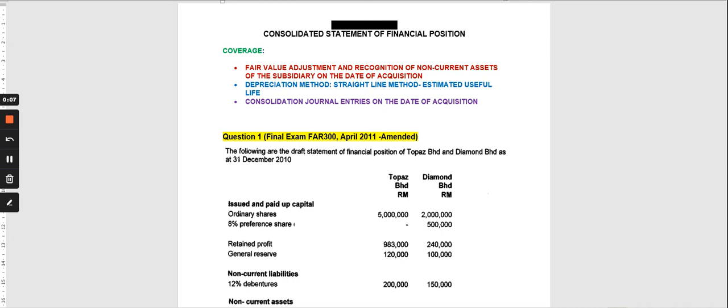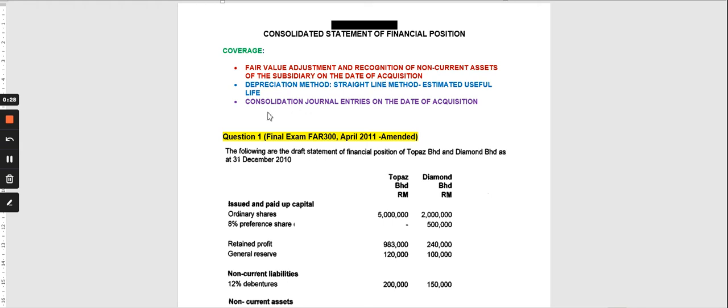Today we are going to focus on another consolidation issue relating to group consolidation, that is the fair value adjustment and recognition of non-current assets of the subsidiary on the date of acquisition.